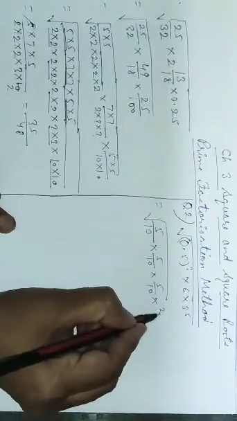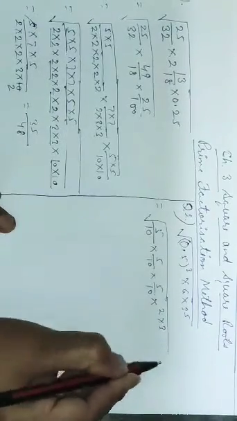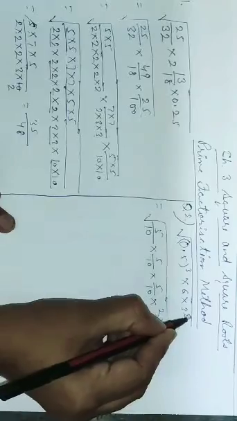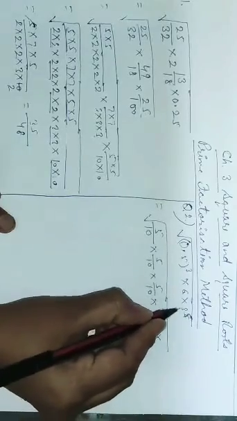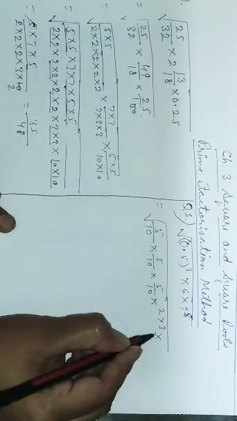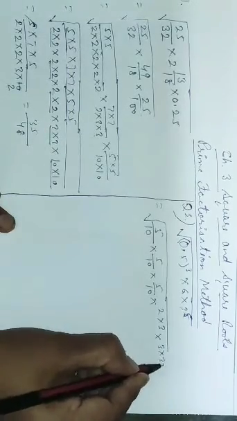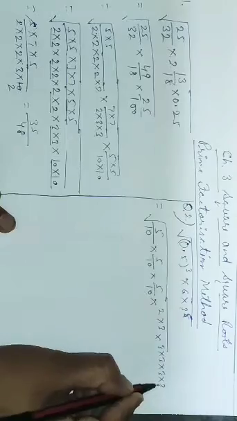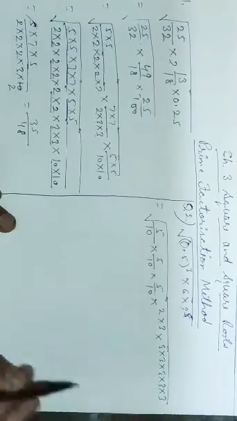Now 6 can be written as 2 into 3. And this is 3 raised to the power 5. This is not 35, this is 3 raised to the power 5. 3 raised to the power 5 means 3 has to be multiplied 5 times: 1, 2, 3, 4 and 5.